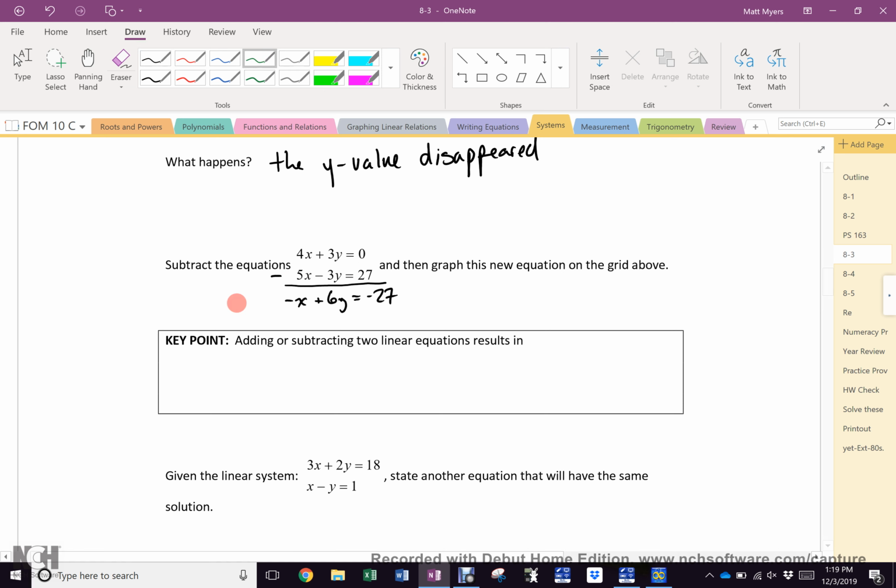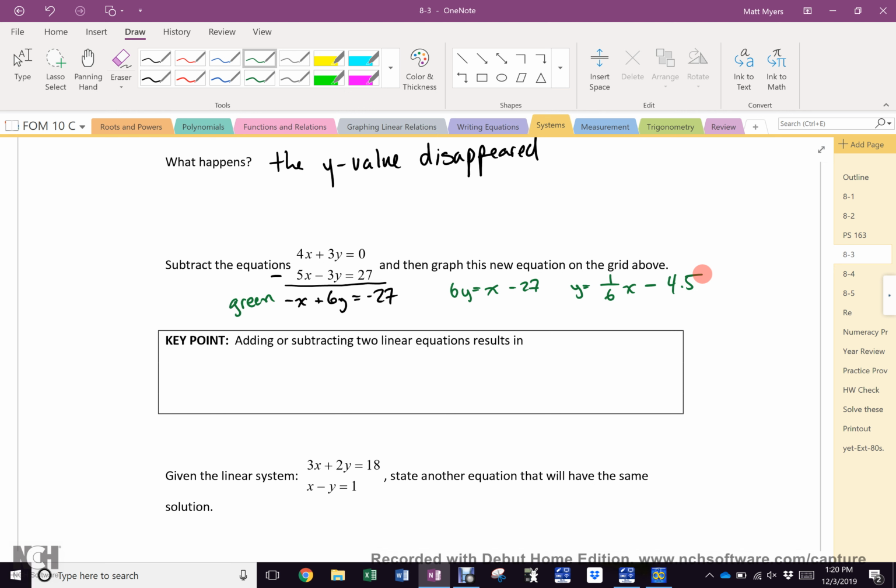Let's pretend I did that in green. I would isolate y. 6y would equal x minus 27. Y would equal 1/6 x minus 27 divided by 6, which is 4.5. Agreed? If you got it at your calculator, you'd find that.